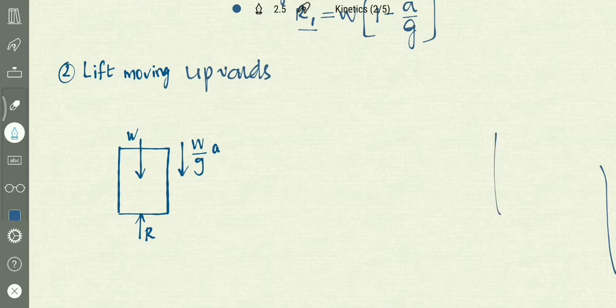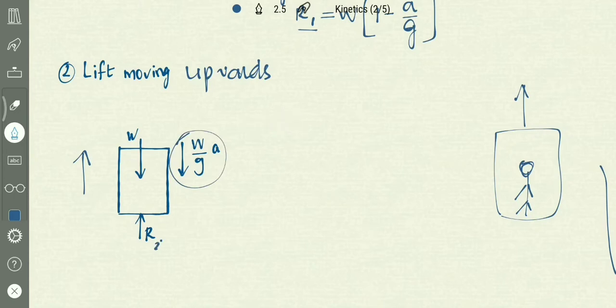If you are standing in a lift and the lift suddenly starts moving up, you feel slightly more weight than usual. This is because of inertia. D'Alembert's principle states the inertia force will be in the opposite direction to the direction of motion. If the lift is moving upwards, the inertia force will be downwards.